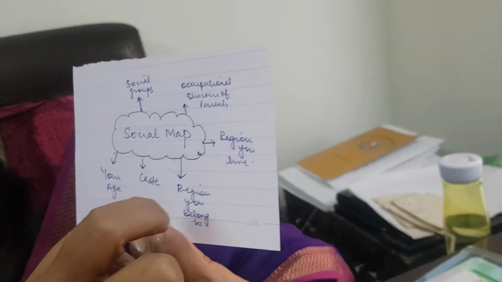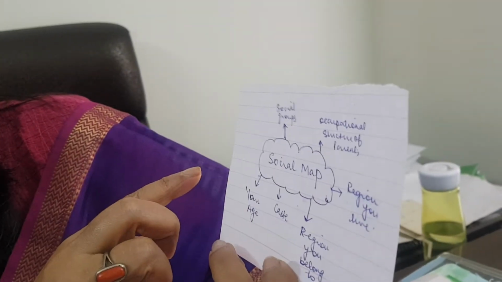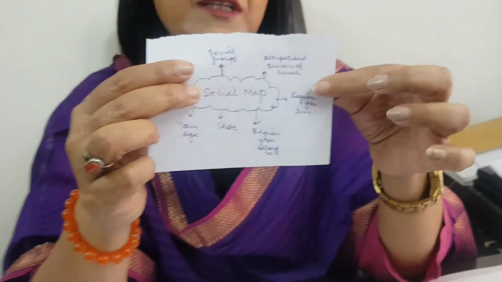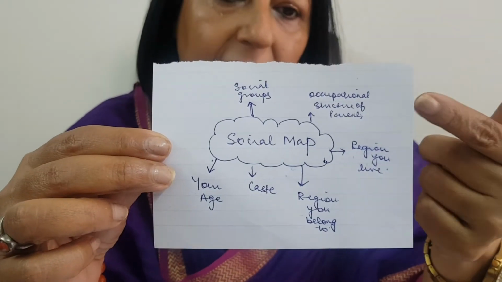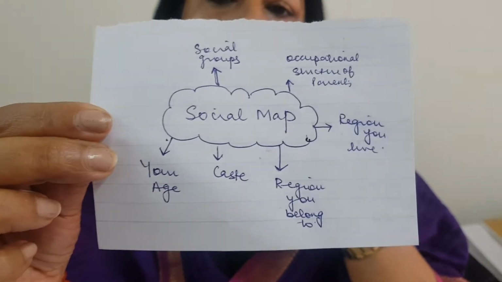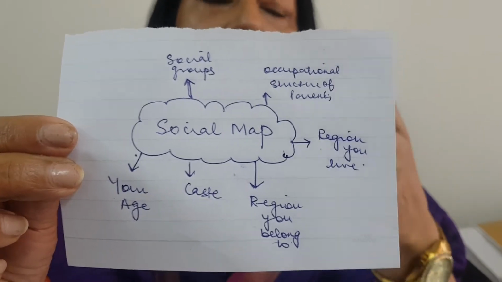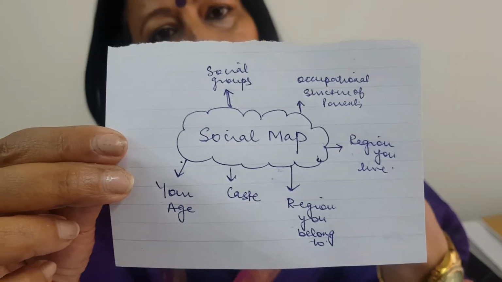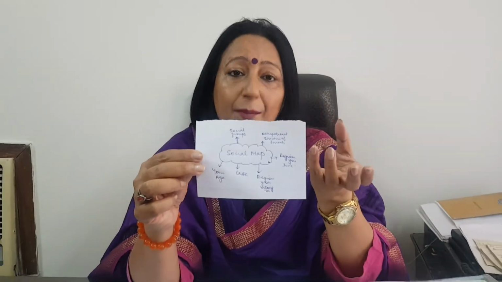What is the religion you belong to? Then what is the occupational structure of your parents, for example, which income group do they fall into? And lastly, which social groups are you a member of?